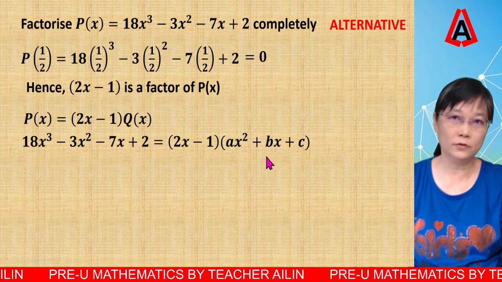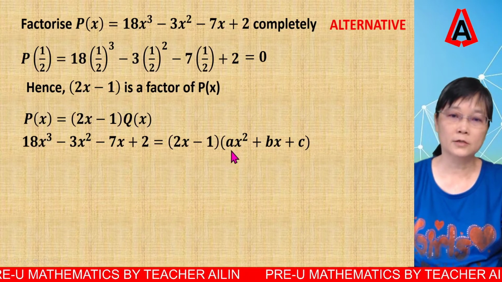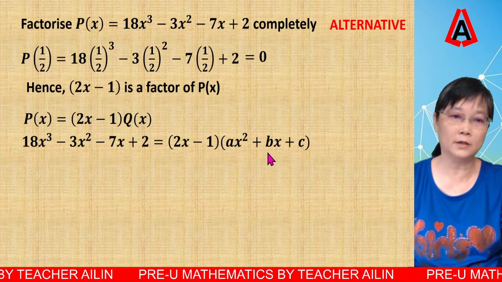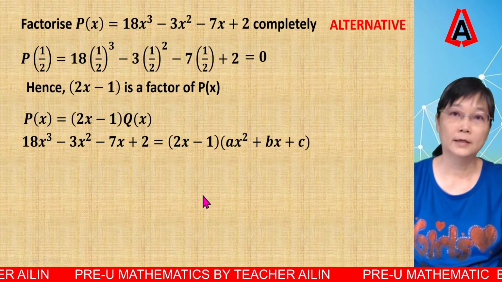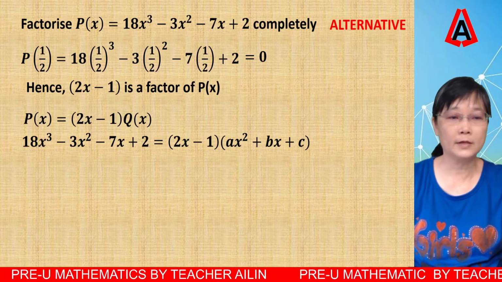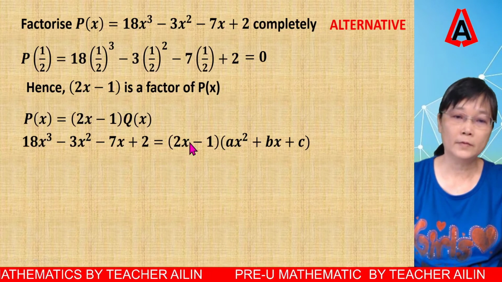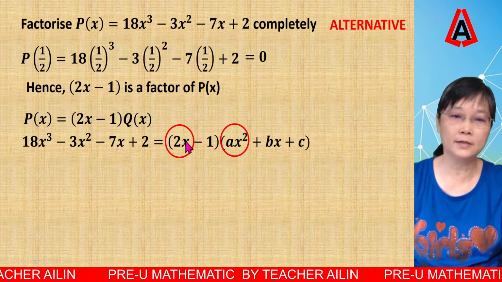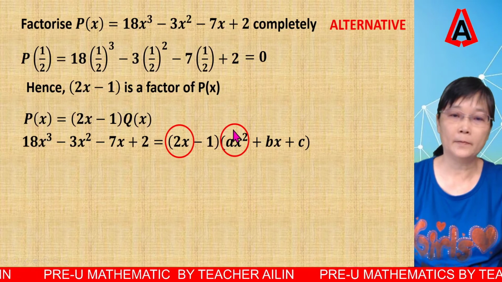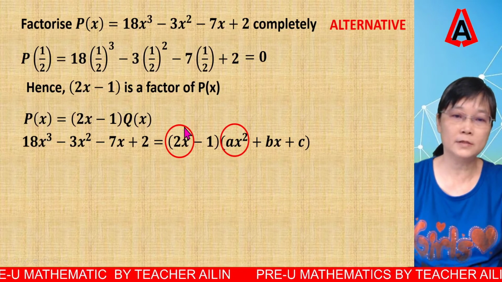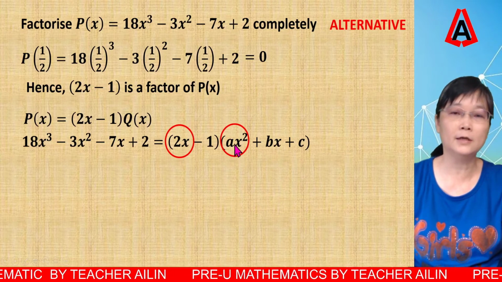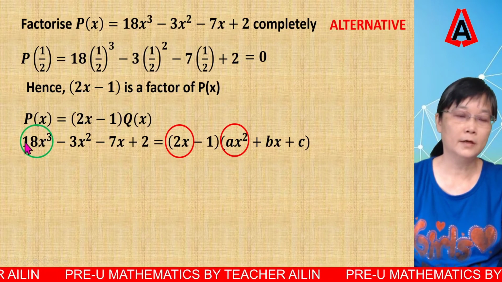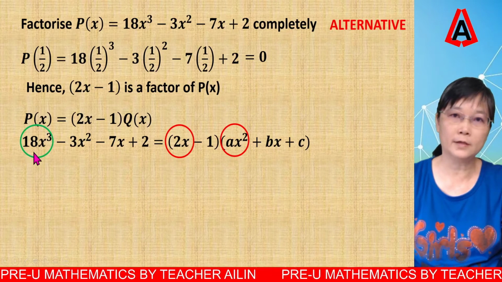Since we do not know the quotient, for the time being, we use the unknown form to write down the quotient in quadratic. In order to make our working steps easier, now I'm going to take the first term in each factor here, and when I multiply the first term in each factor here, the result is the same as the first term in the polynomial here.